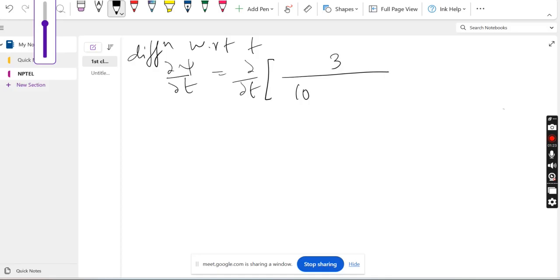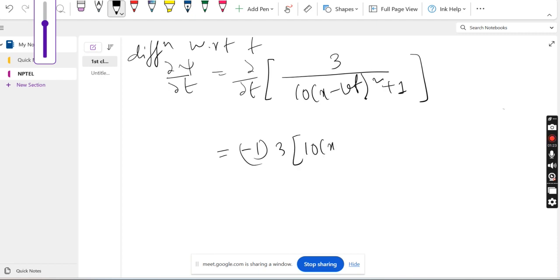So 3x minus bt whole square plus 1, minus 1 times 3x minus bt whole square plus 1, minus 2 into minus 2x minus bt.